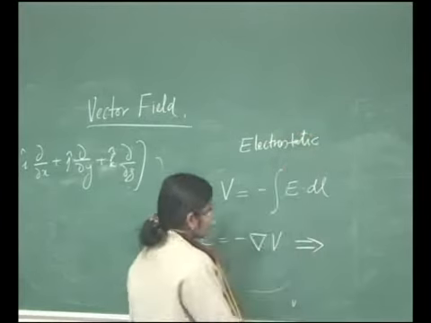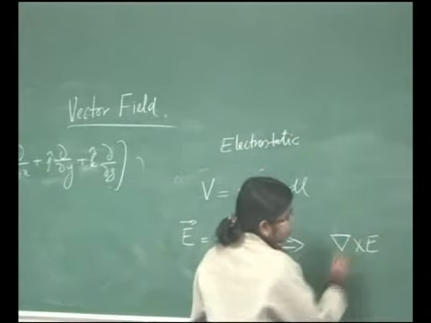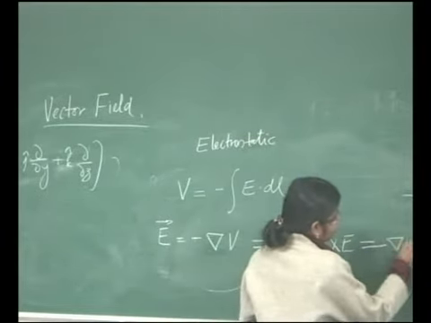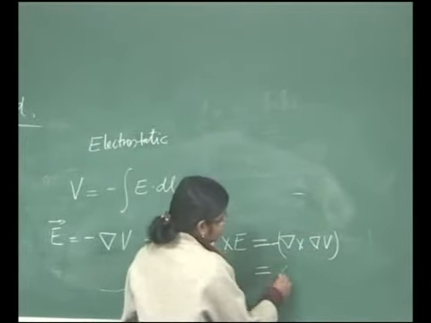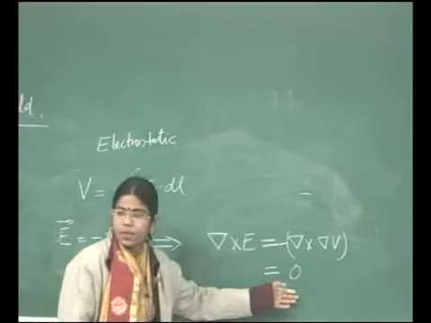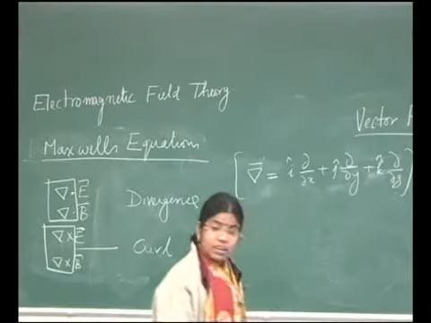From here, if I take del cross E, then this is minus del cross gradient of V, and that is equal to 0. So in electrostatics, electric fields are irrotational in nature because their curl is 0.